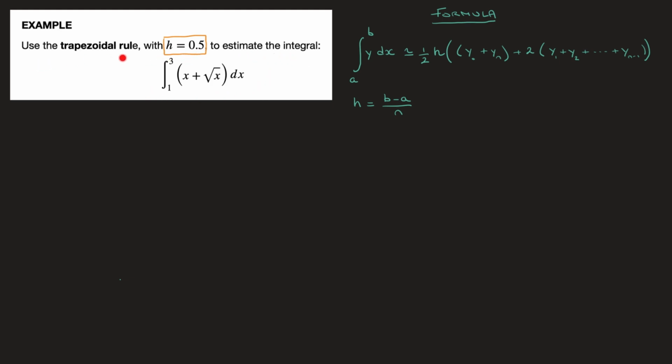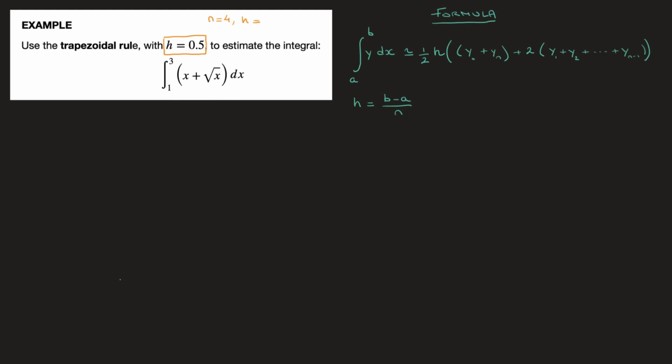Or even use the trapezoidal rule with 4 steps to estimate the integral. Indeed, in both of those cases, we would have said n equals 4, and so h would be equal to b minus a, where b is the upper limit of the integral and a is the lower limit, written over n.